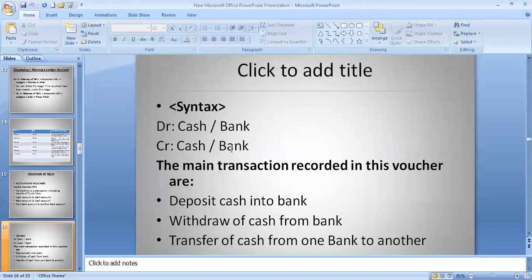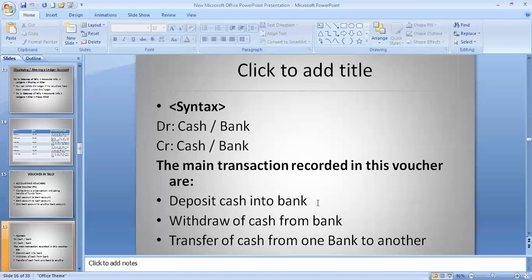Clear? So the debit will be either a cash or a bank account, and the credit will be either a cash or a bank account. The main transactions recorded in this voucher, especially from an examination point of view, are deposit of cash into bank, withdrawal of cash from bank, and transfer of cash from one bank to another. Whenever you see these transactions, you should know how to create the ledger first.